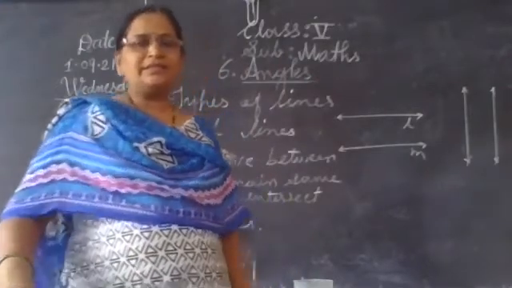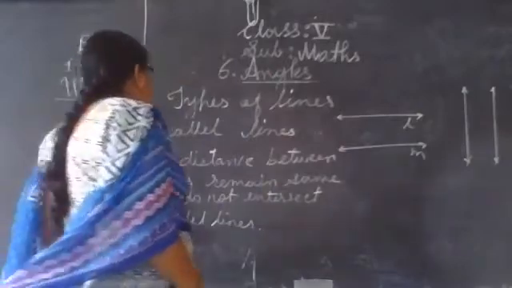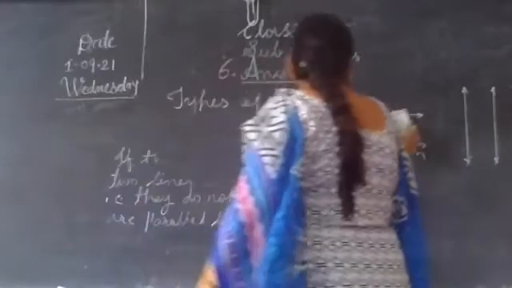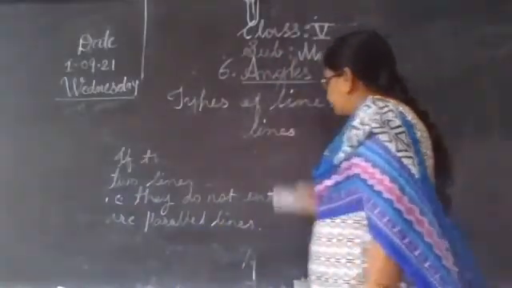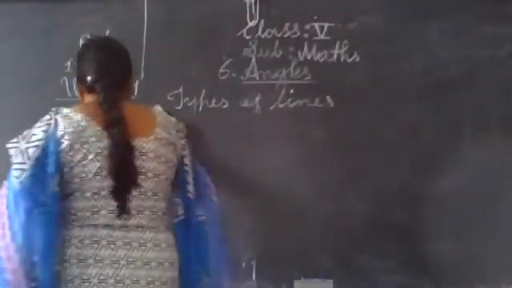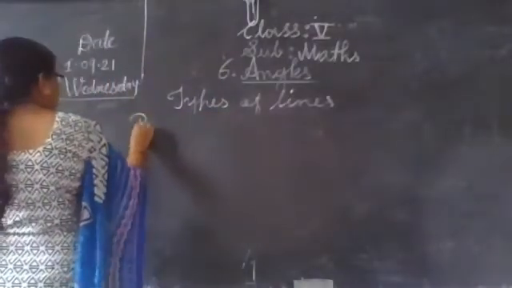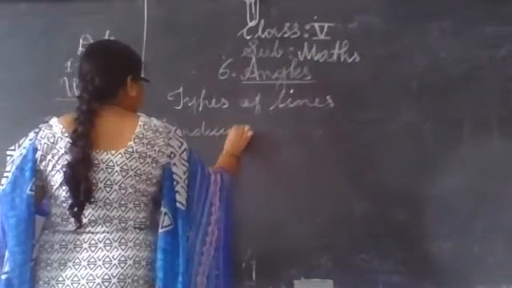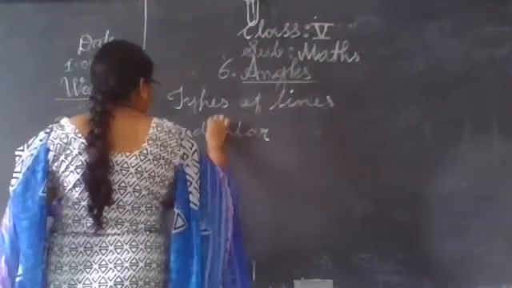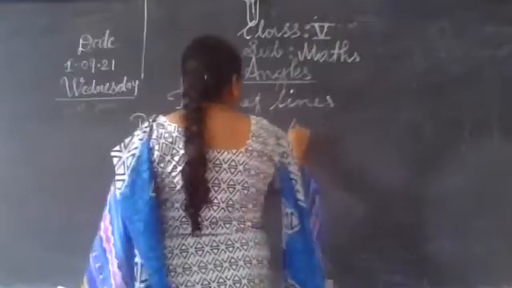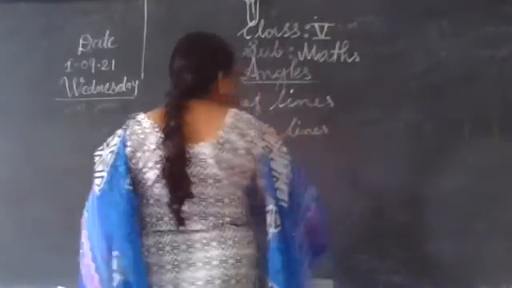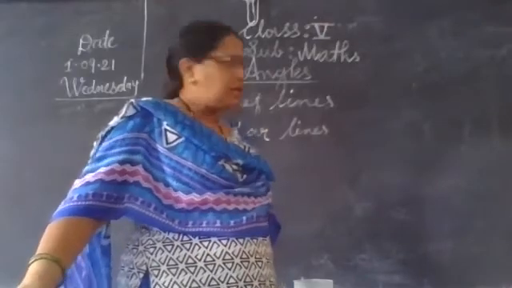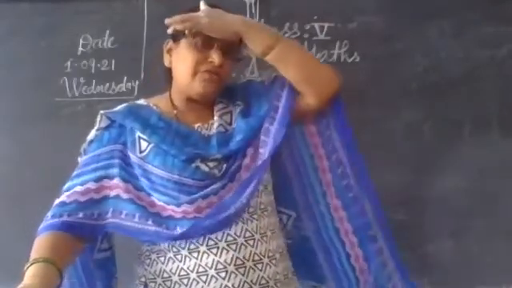Got it, children? And the third one is perpendicular lines. Two lines are said to be perpendicular if they form an angle of 90 degrees.